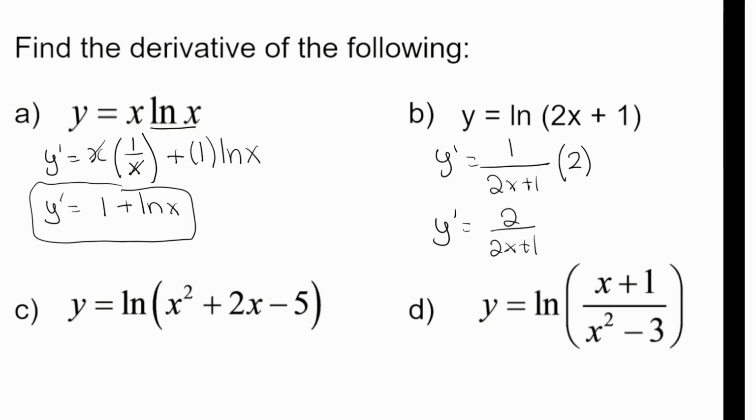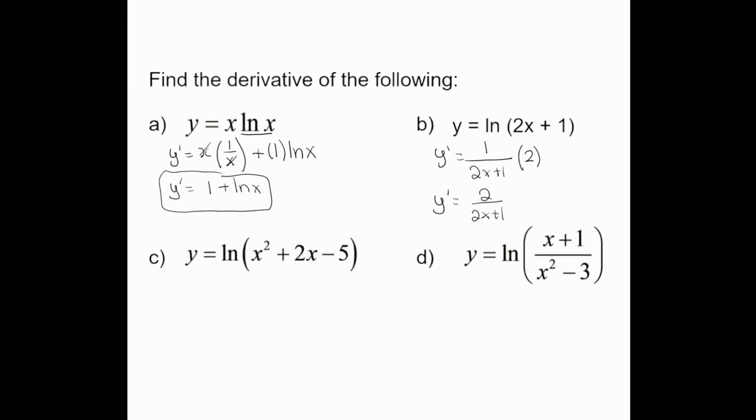The easiest way to remember this is that for the ln of a function, the derivative of the inside goes on top and the function goes on the bottom. So let's take a look at this next one, which is exactly the same as what we just did. The derivative of the inside goes on top and the function goes on the bottom.